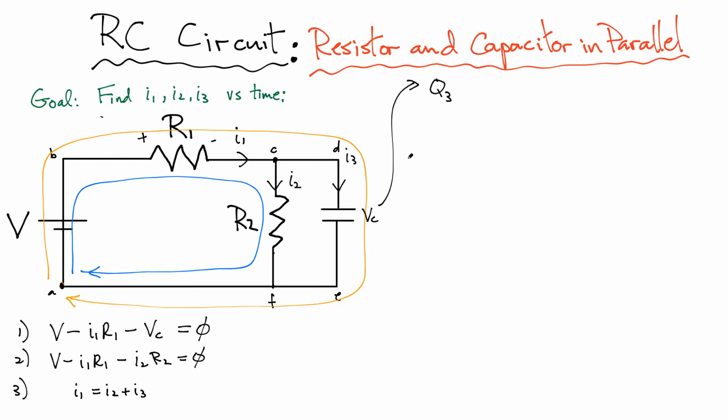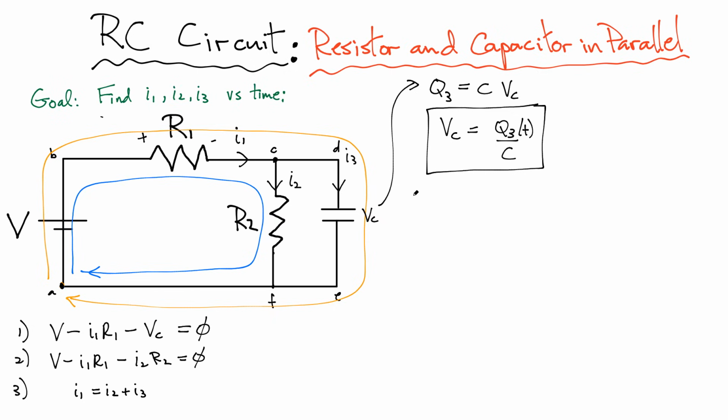I'm going to call that Q3. So let's eliminate VC and substitute for the charge as a function of time flowing through that branch divided by the capacitance. That's the first thing I could do.